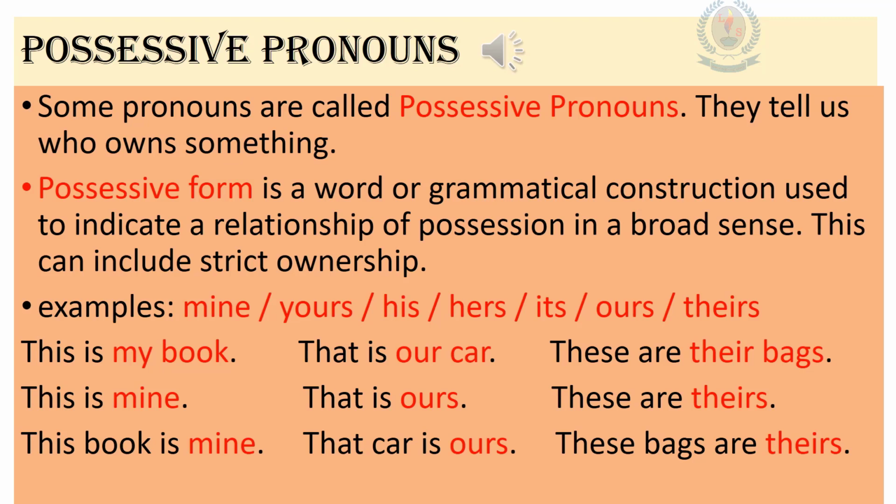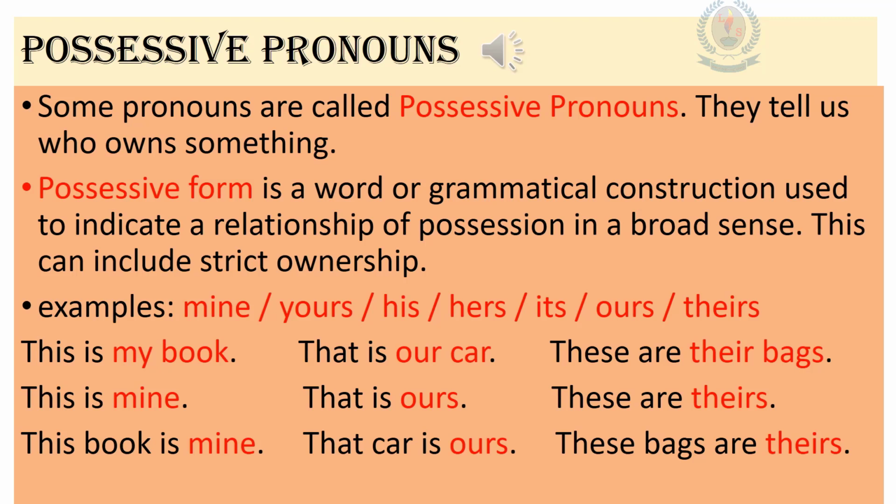If somebody shows you a book and asks, whose is this, you can say, this is mine. You are not going to say, this is mine book. You can't use a noun after using the possessive pronoun.